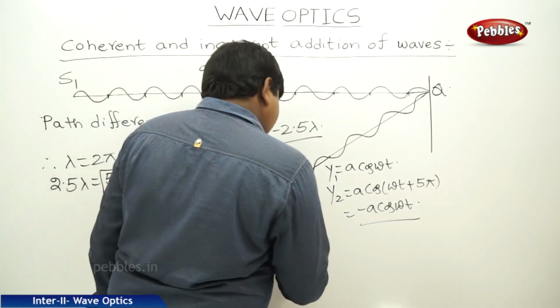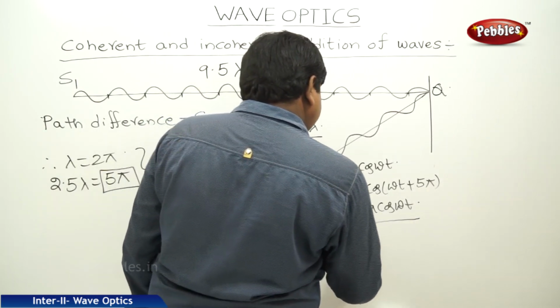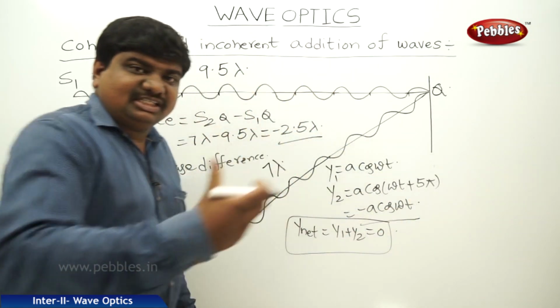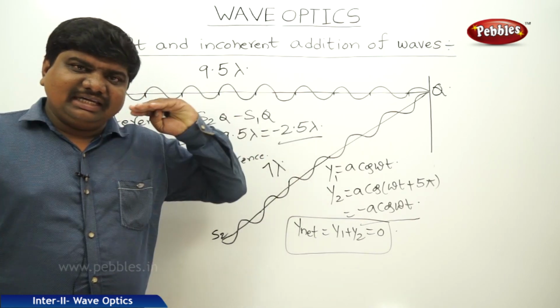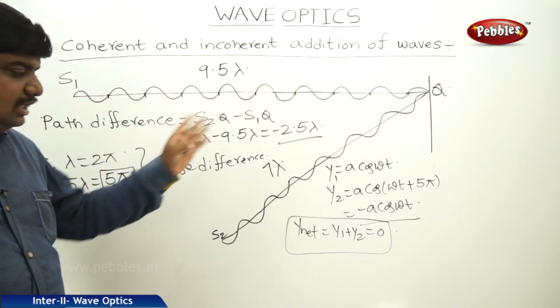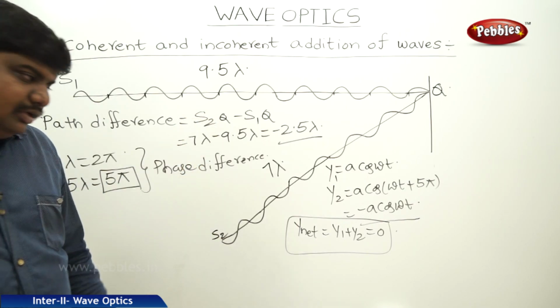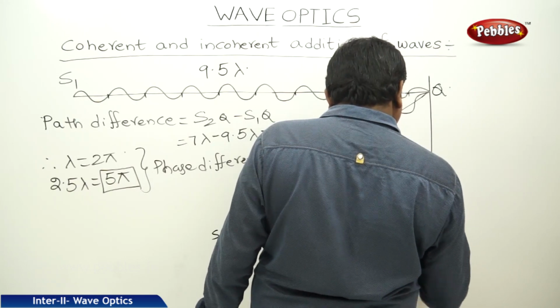So net displacement y net is equal to y1 plus y2 is equal to 0. Net displacement is becoming 0, means no wave pattern will be observed at any instant of time throughout the propagation of the wave. Automatically intensity is also 0.